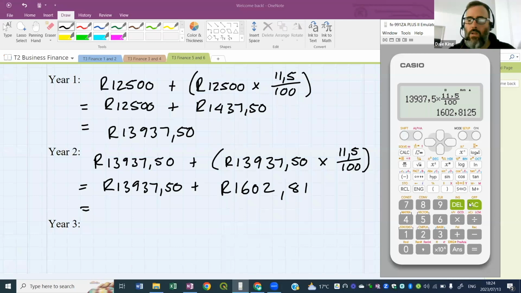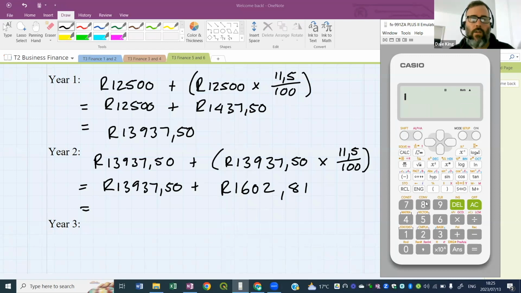I'm going to add this on, plus 13937.5. Whoops, that doesn't look right. Is it really that much money?